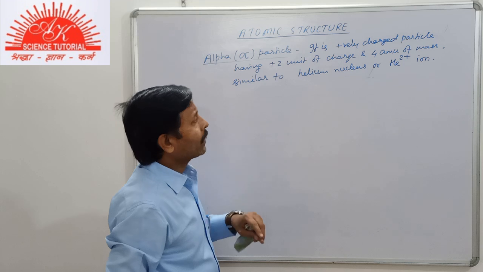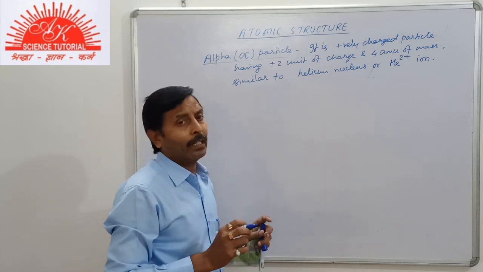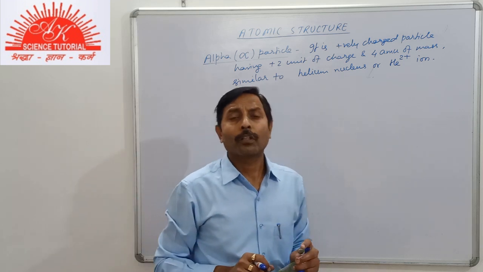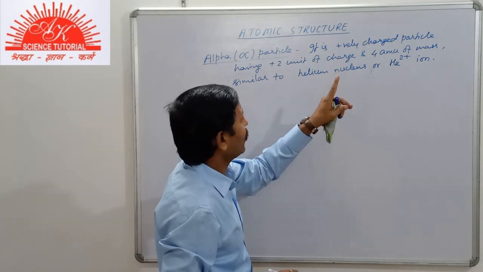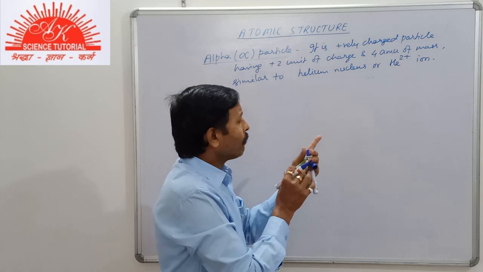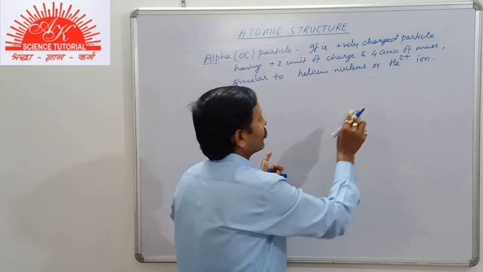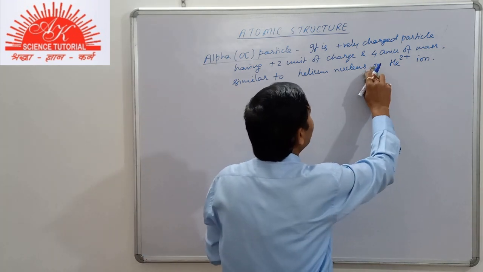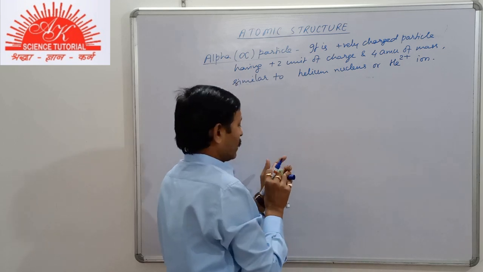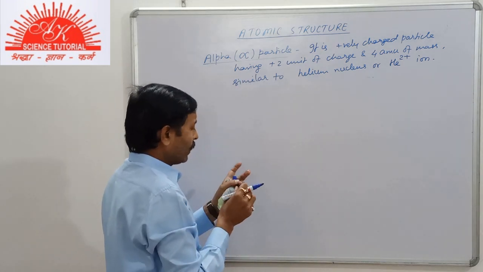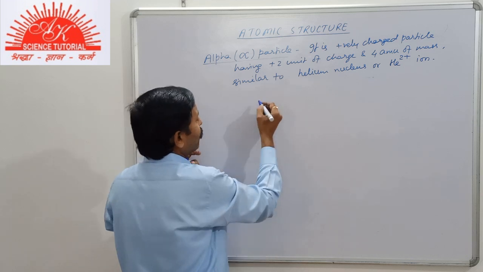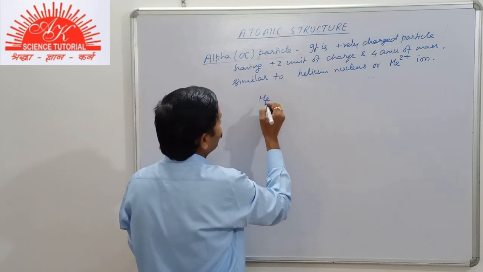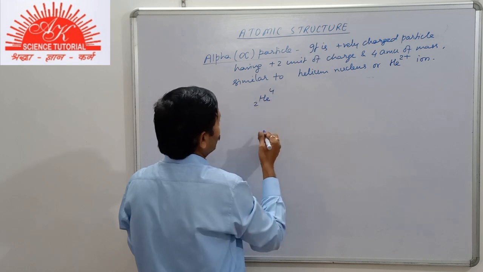It is compared with that because helium has atomic number of 2 and mass number of 4. That is, it has 2 protons, 2 electrons in its orbit, and 4 units of mass. So suppose the helium 2-4.